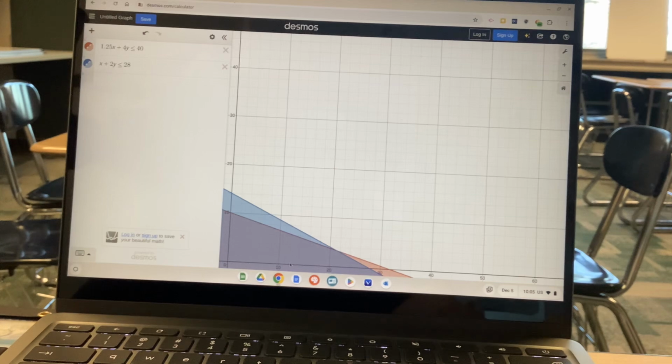So for example, again, X is pillows and Y is blankets. So they could do 10 pillows and 2 blankets, 10, 2. So 10 pillows and 2 blankets is one option. Since my lines are both solid, they could do no pillows and 10 blankets.